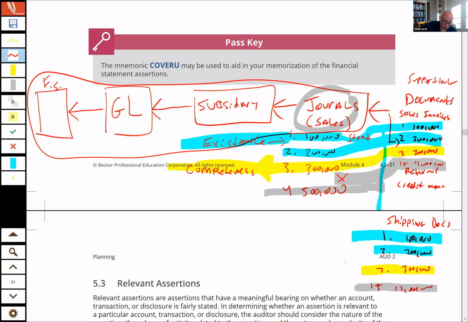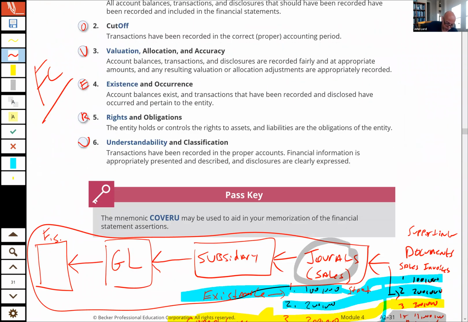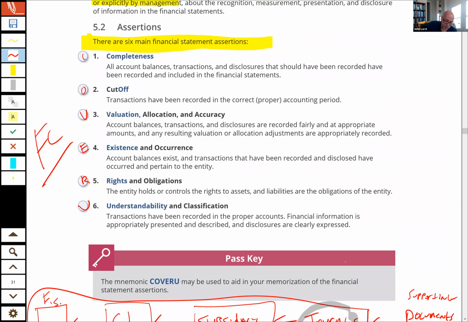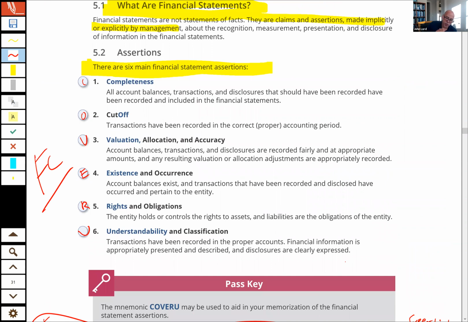So we're going to talk more about assertions as we go through. But it is not enough to know the assertions. You're going to have to know how to audit those. And we would have other procedures that we would perform for these other assertions. And where we're going to really talk about assertions is more in how they relate to each account.